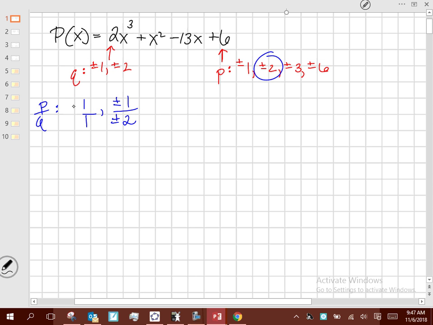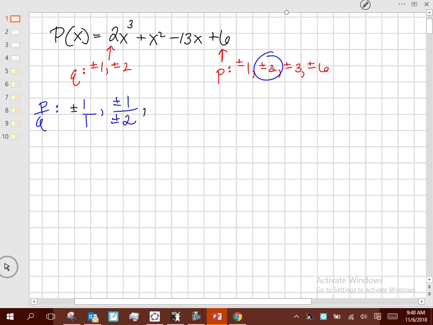Even though top and bottom were both positive and negative, I can really only have plus 1 or negative 1 returned to me, right? Okay? So I'm not going to write the plus or minus on all of these, on top and bottom.